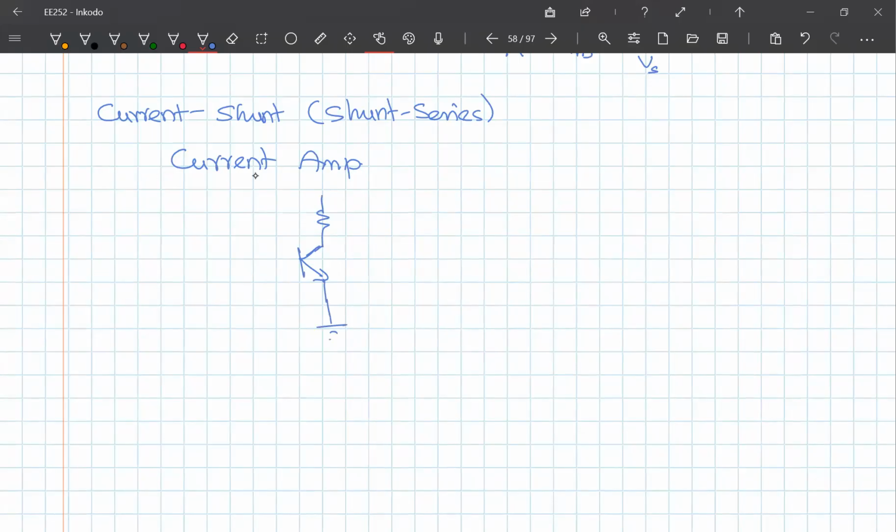I'm going to do a two-stage transistor amplifier, and second stage taken from here, and you'll have emitter resistor as the load. This is the load. Okay? This one is the load resistor. So that is my load plus VCC here.